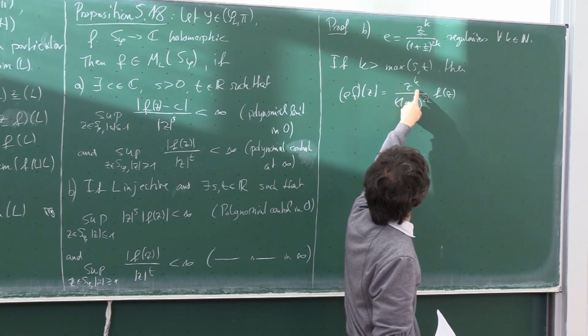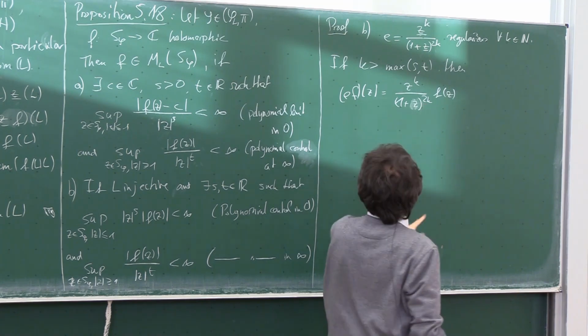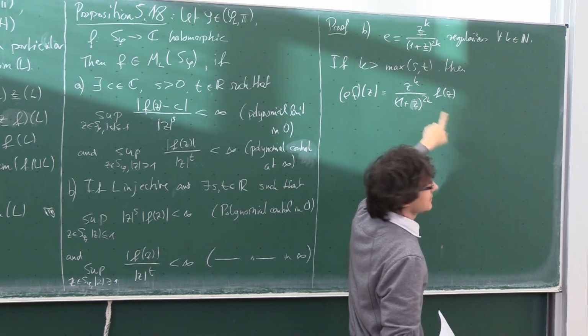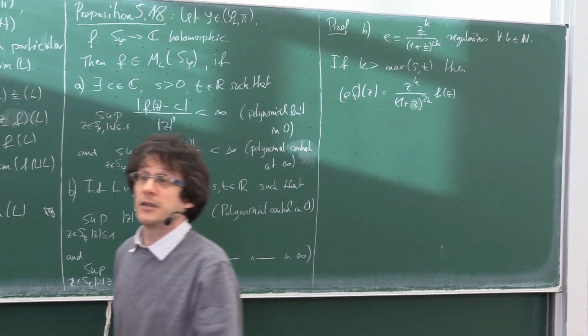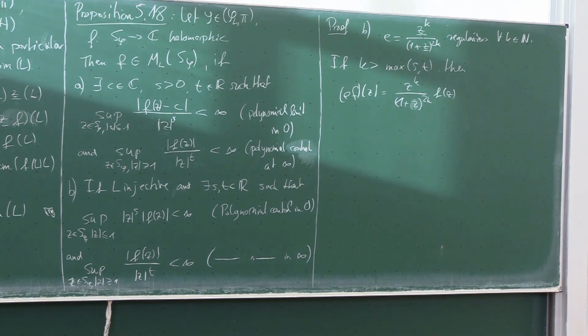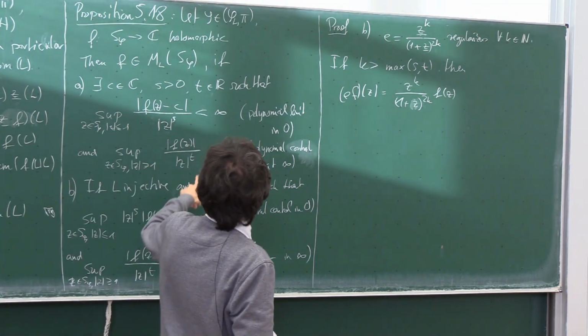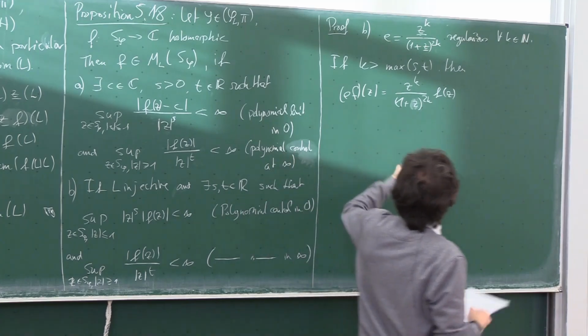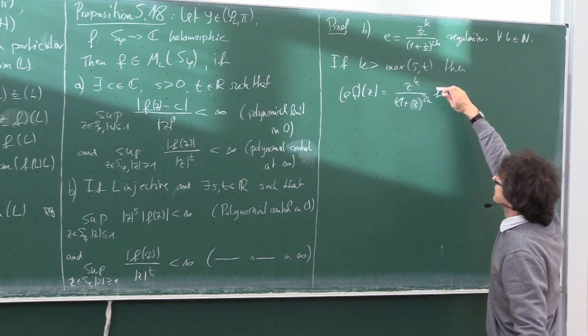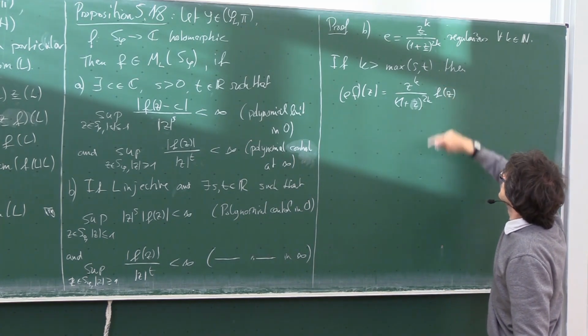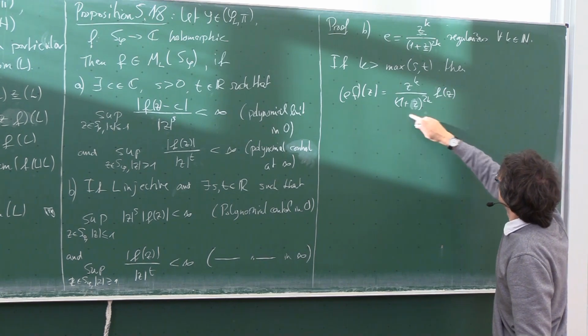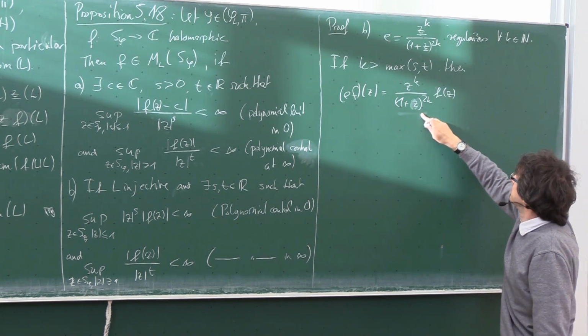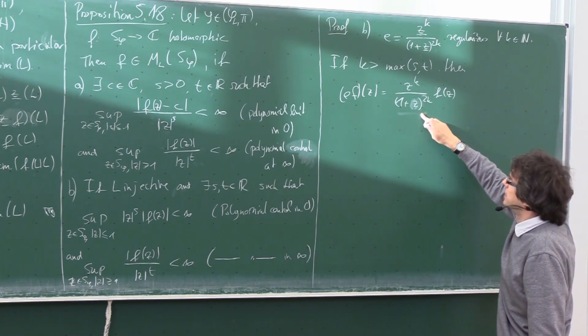So you have k plus s, but s is less than k, so k plus s is still less than 2k. So in infinity, this still goes to 0.